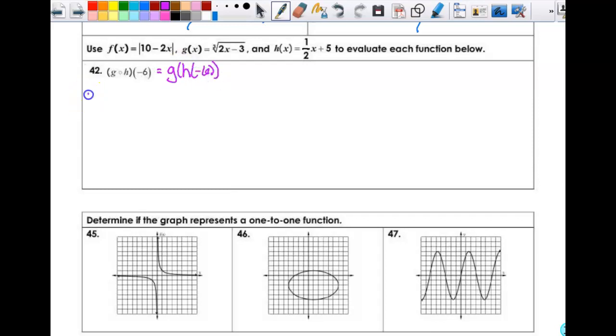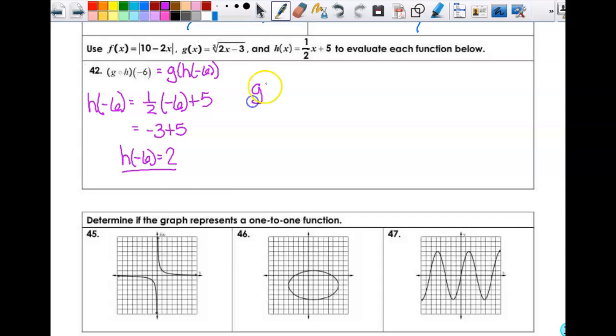So I'm going to start by finding h of negative 6. That would be 1/2 times negative 6 plus 5. That is negative 3 plus 5. So h of negative 6 equals 2. So since I want g of h of negative 6, that means I now want g of 2.